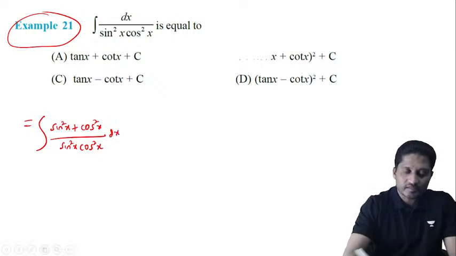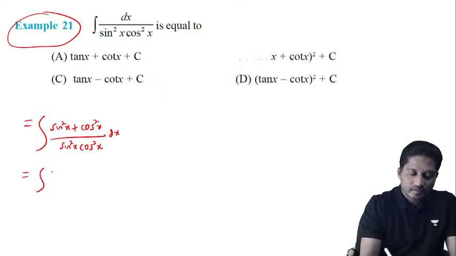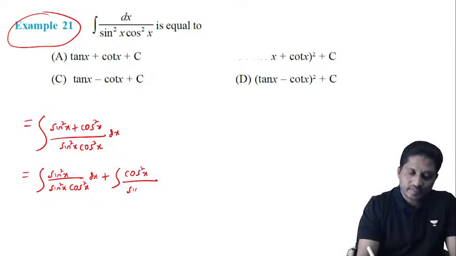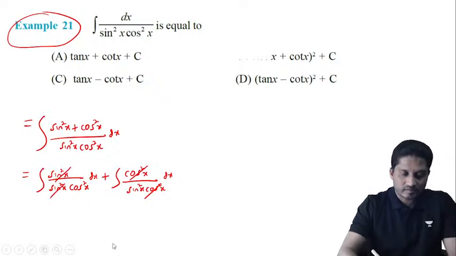Now if I separate them, sine square x upon sine square x into cos square x, and then plus integration of cos square x divided by sine square x cos square x, dx. I'm going to cancel cos square, I'm going to cancel sine square, right?